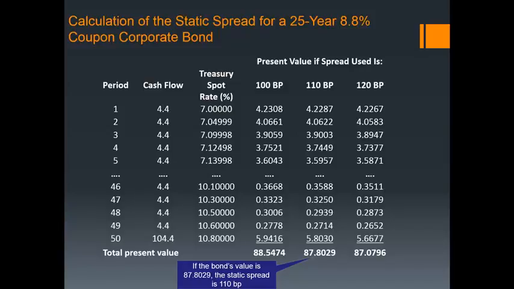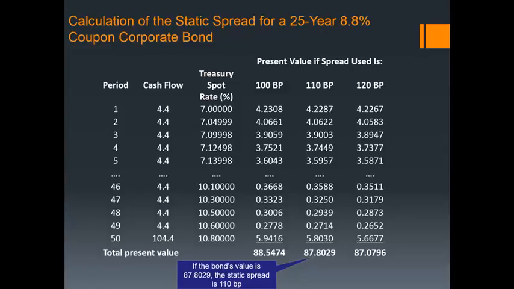Same bond information that we had before in the first 3 columns. What we're doing now is, instead of discounting at the Treasury spot rate, we're discounting at the Treasury spot rate plus a specific number of basis points. In the column where it says 100 BP, we're adding 100 basis points to, say, the 7%. This is how we get our discount rate.